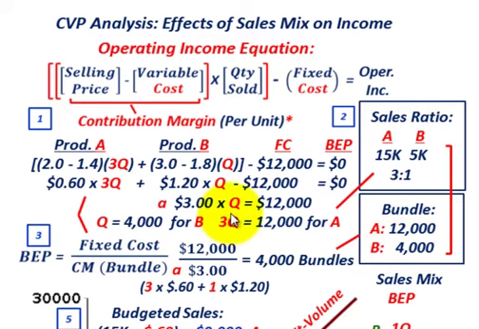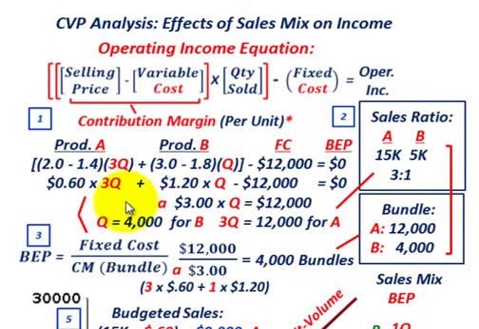Just using our operating income formula and solving for our quantity based on our sales ratio, we come up with 12,000 units of A and 4,000 units of B for that break-even point.